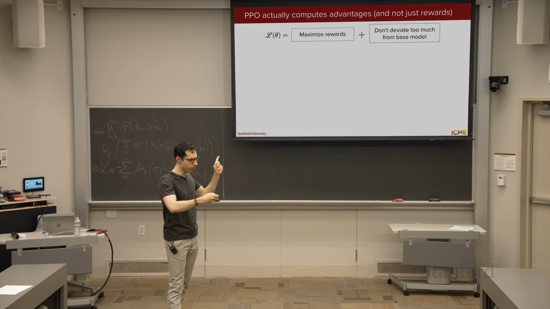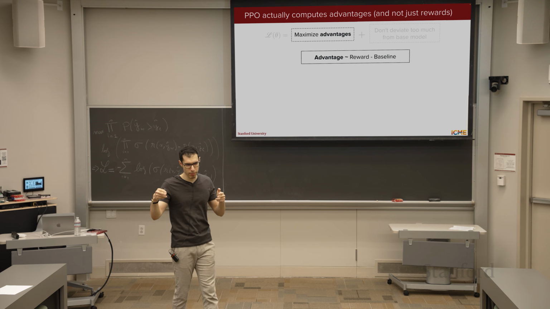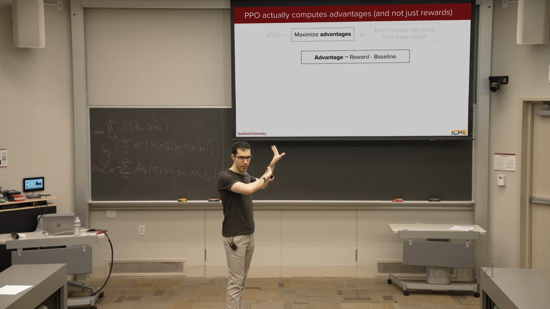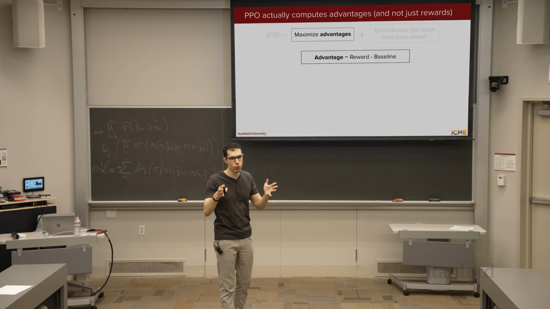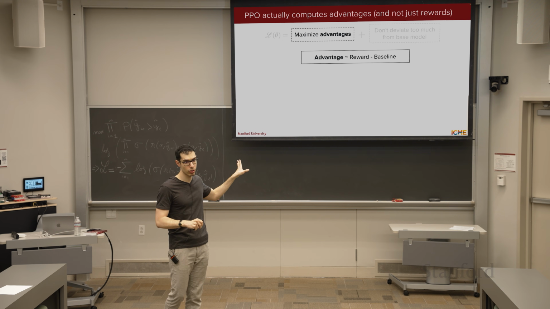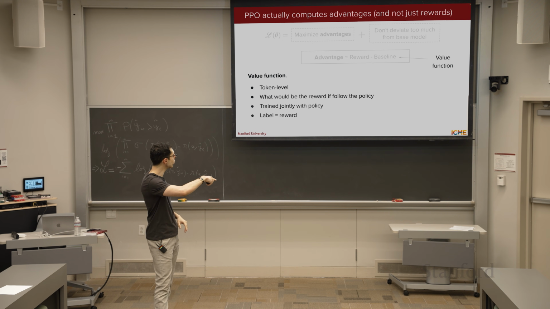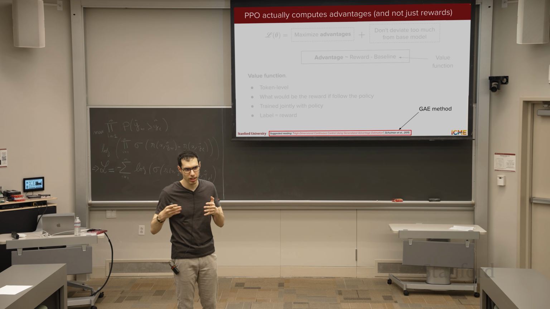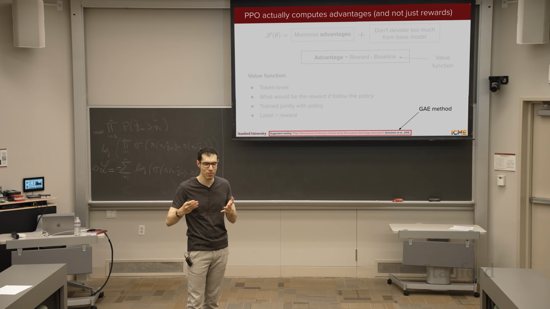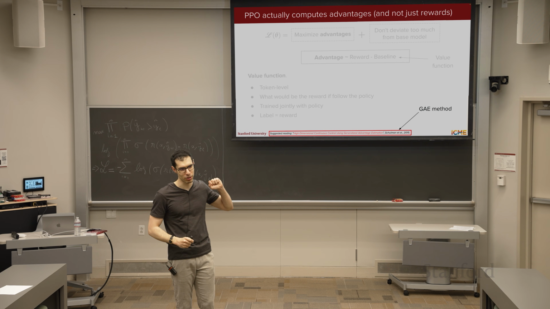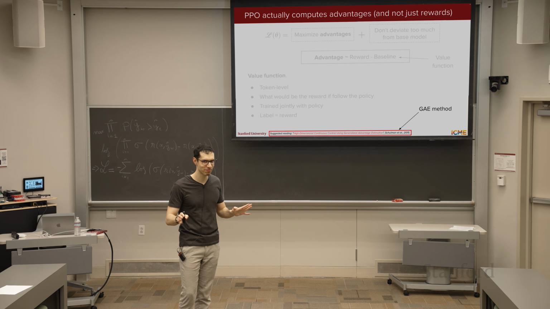The reason people use this reward minus baseline is that it reduces the variance of these estimates, and it typically makes the training go faster. In order to compute the advantage, people use a method called generalized advantage estimation, which you can think of as a big formula with some hyperparameters that is in the paper below. That's the general idea.